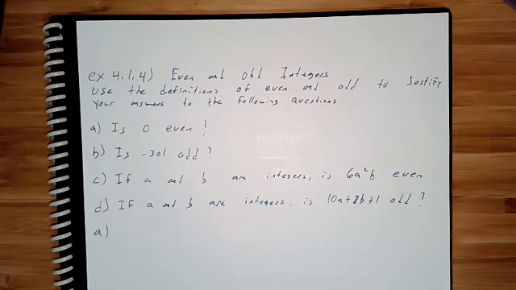So let's do some examples. So here is the first question, example 4.1.4. So we're going to use the definition of even and odd that we just wrote down to prove the following. Okay, so part A, is the number 0 even?